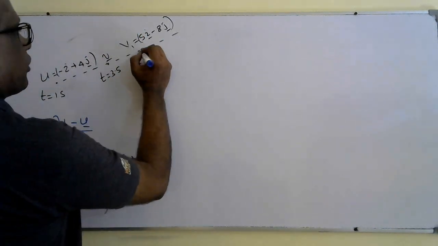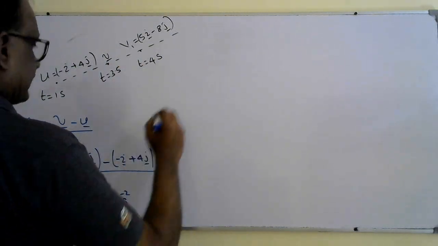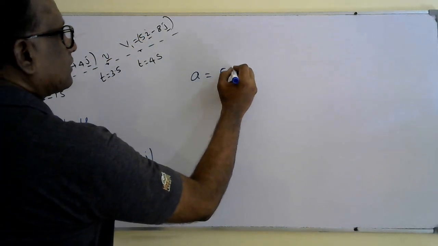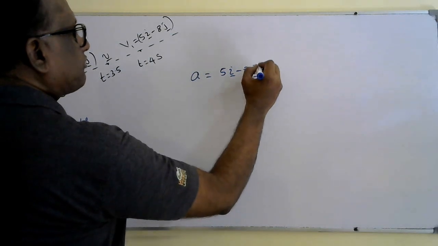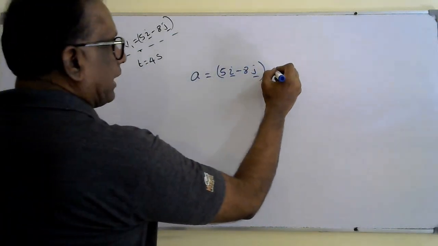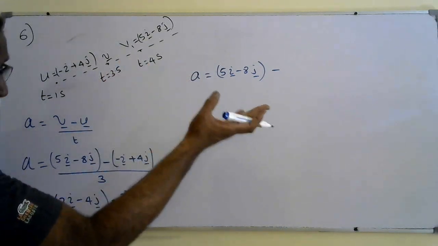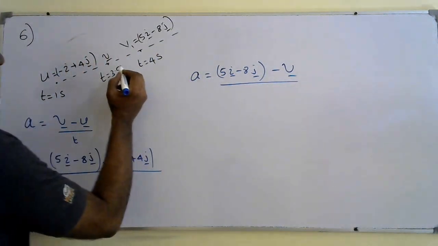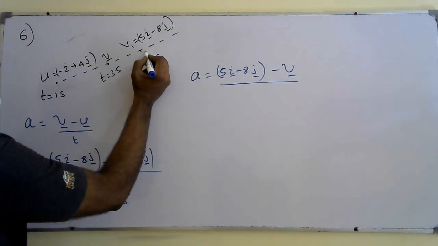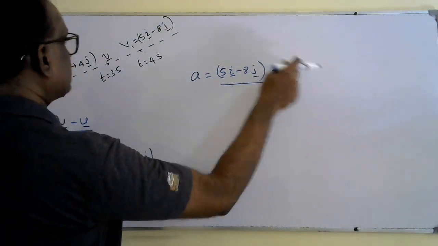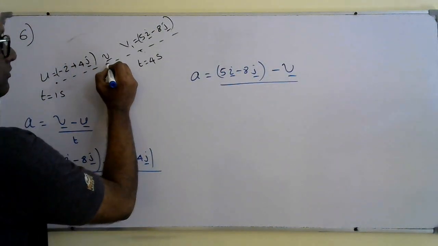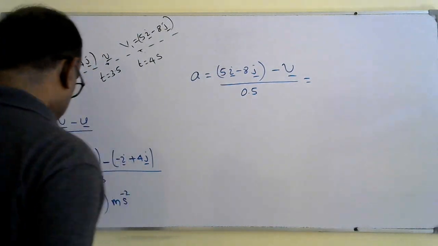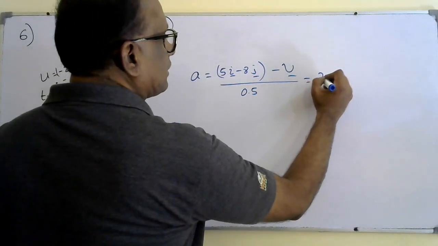So a is equal to the final velocity v1, that is 5i minus 8j at 4 seconds, minus v, the velocity at 3.5 seconds, over the time taken, 0.5 seconds, and that is equal to 2i minus 4j, the same constant acceleration.